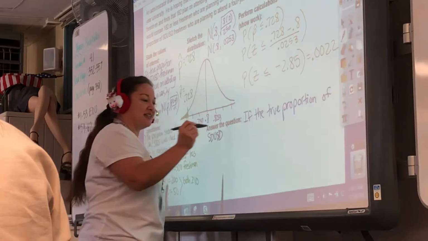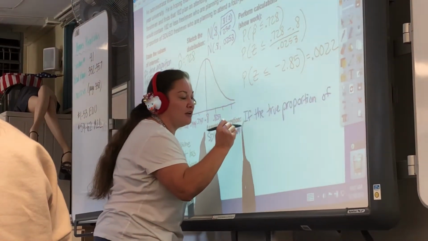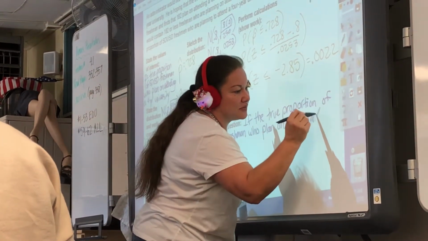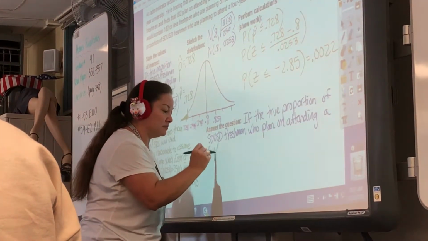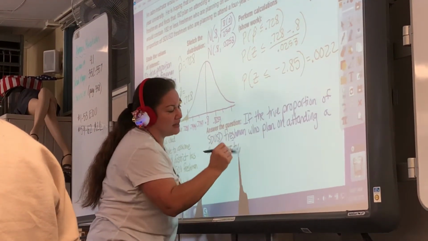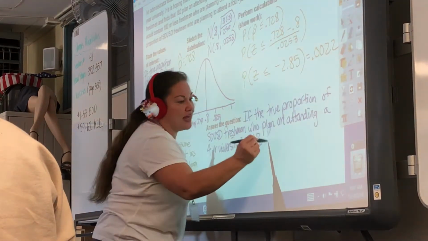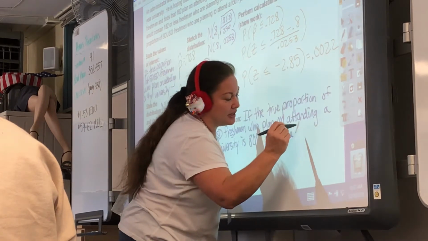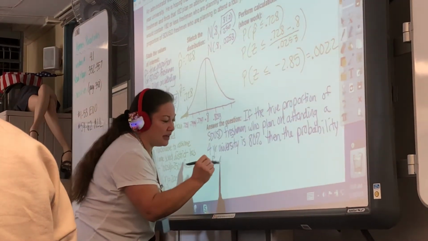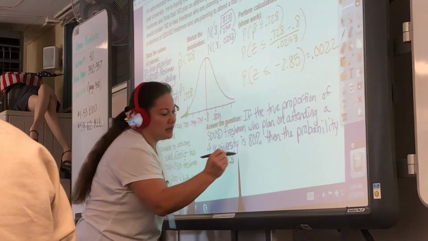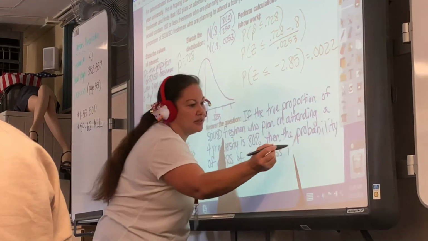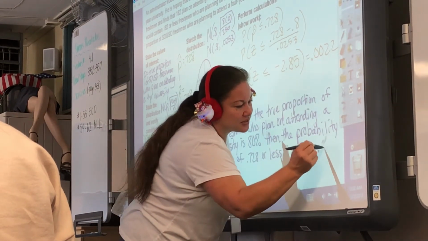If the true proportion of SDSU freshmen who plan on attending a four-year university is 80%, then the probability of a simple random sample of 100 having 0.728 or less is only 0.0022.